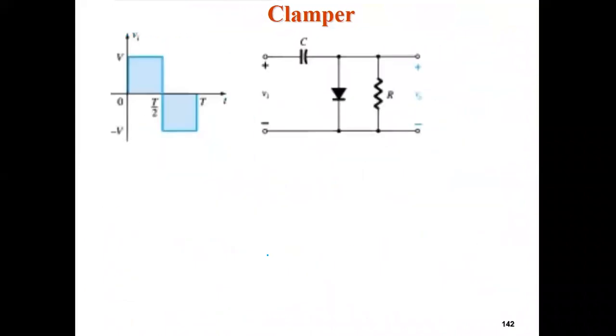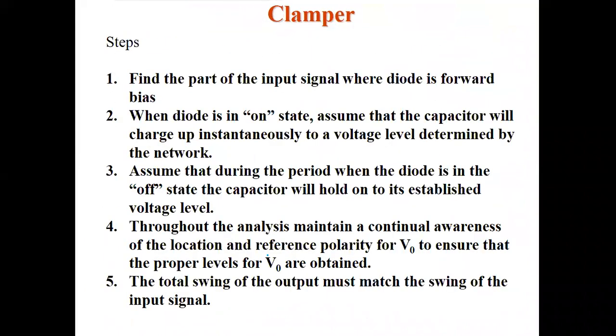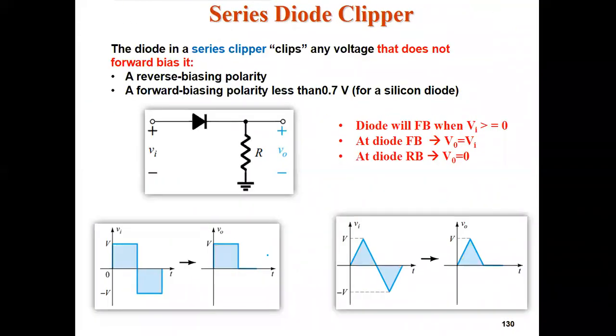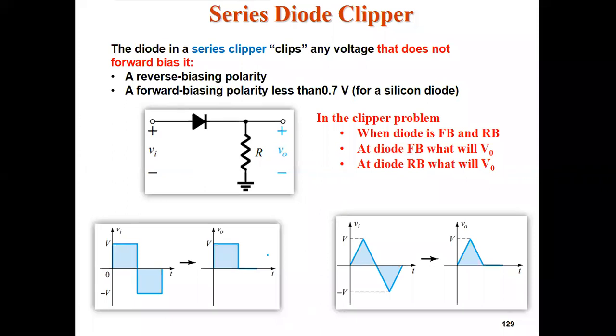Next, I will just quickly discuss the clipper. In any clipper circuit, you follow these three steps. If this is the circuit given, first check when it will be forward biased. Second, during forward bias, how much is the output voltage?